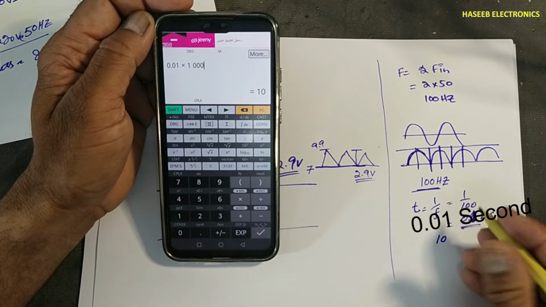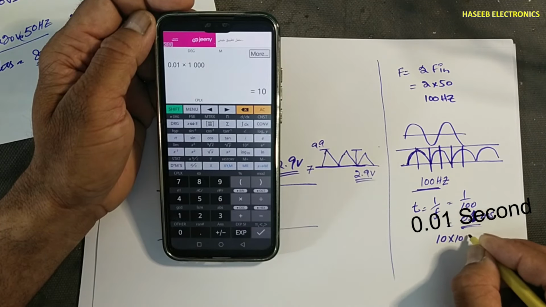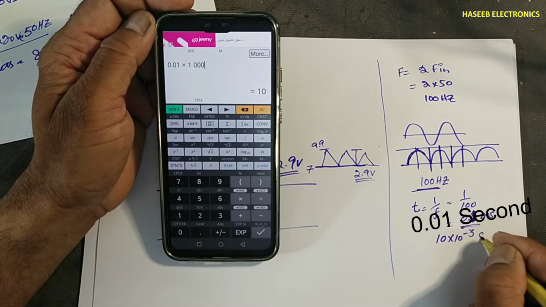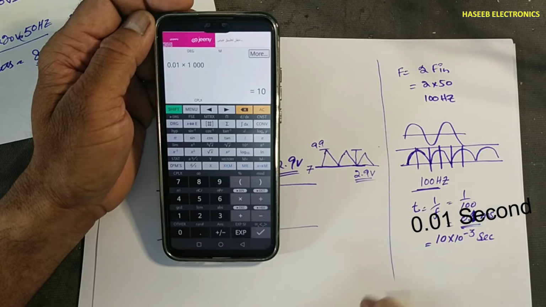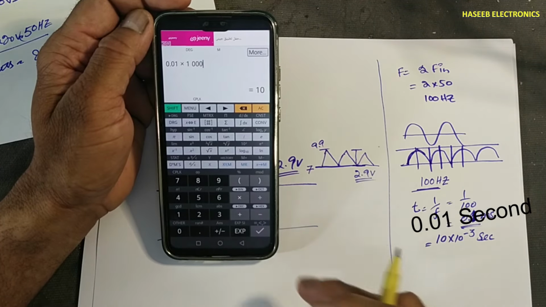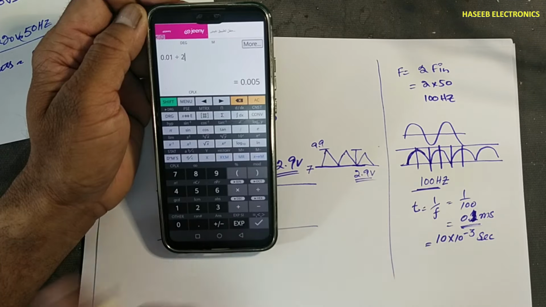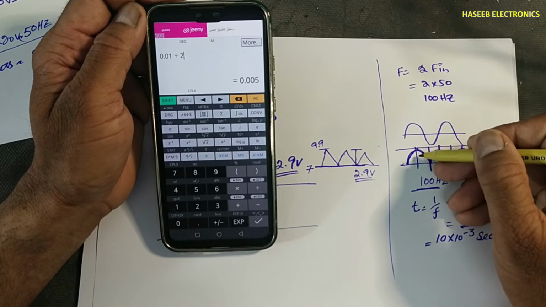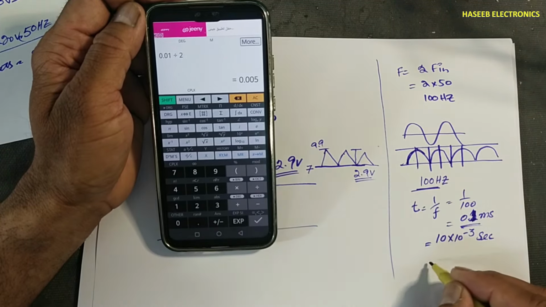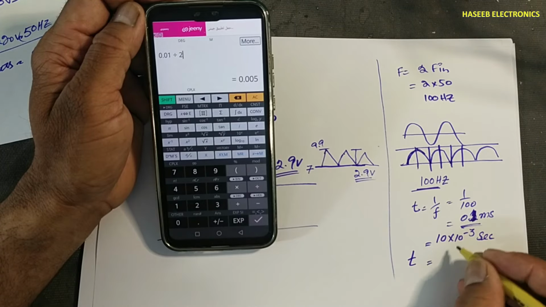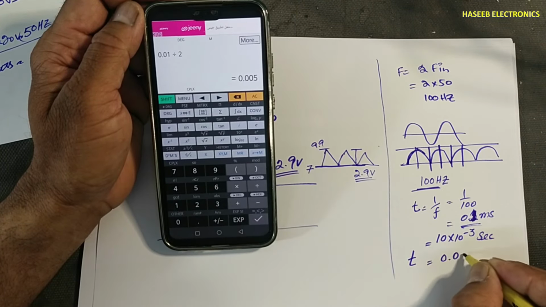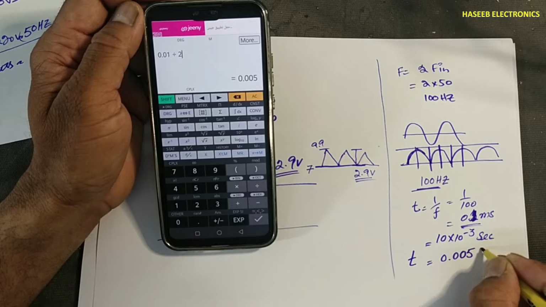This 10 millisecond time is now allocated for charging and discharging. If we divide by 2, as we discussed, half portion for charging, half for discharging. So our charging time and discharging time will be 0.005 second.